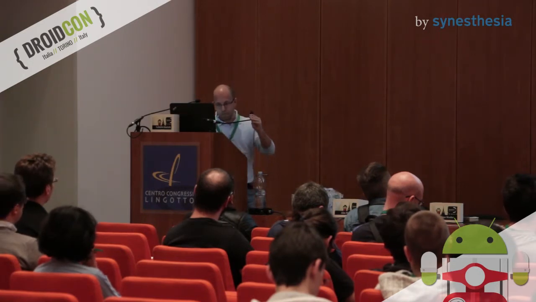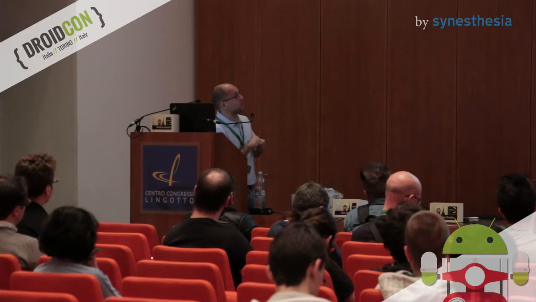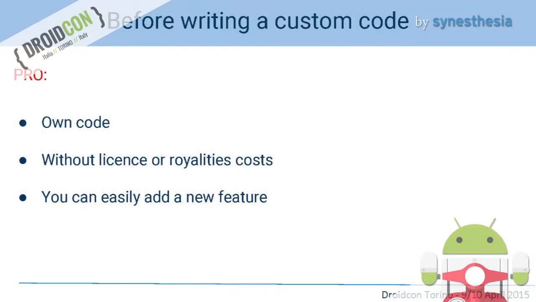Maybe you are not able to build this kind of pattern or this kind of feature. There are some pros and some cons about the use of custom code. First of all, it is your code, so you can do everything with it. You can change the code, you can add new features, you can do everything.